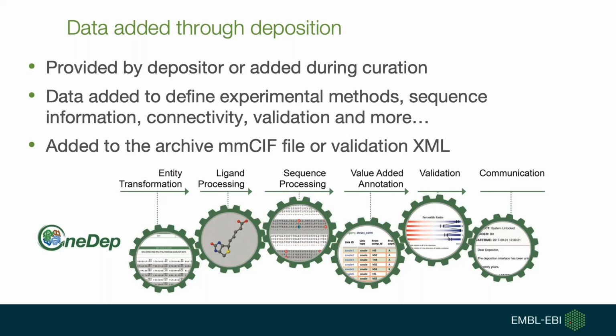Then each structure goes through a set of standard validation pipelines. These are all available in the archive, where you can see mmCIF files which can be used to get the coordinate data as well as other information. There are also validation reports which are available as validation XMLs.